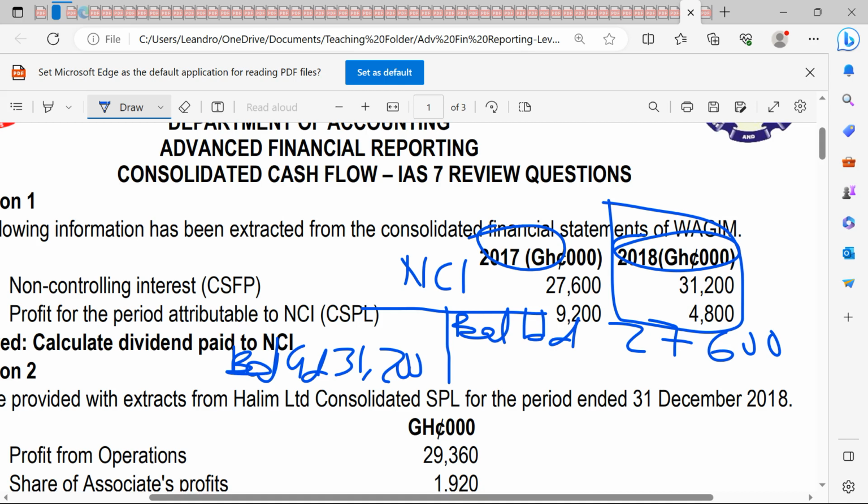So the consolidated statement of profit or loss will bring in 4,800.